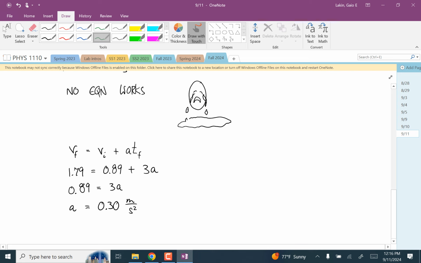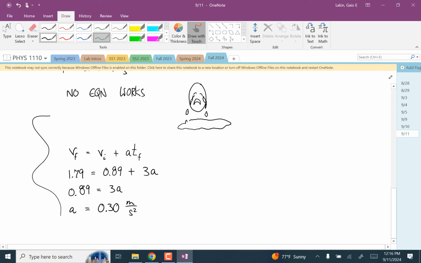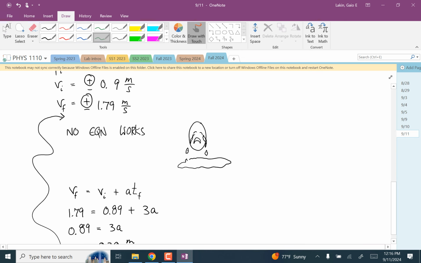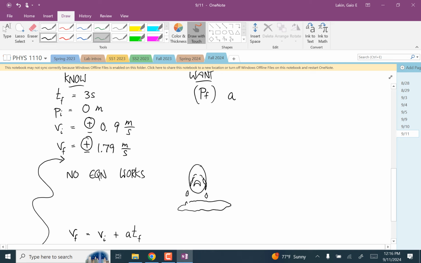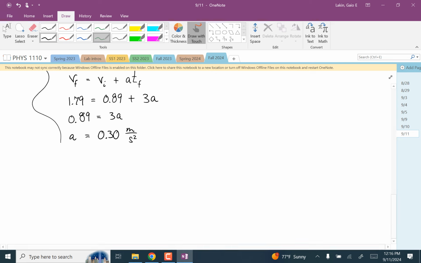Okay, so now we have the acceleration. And so what I'm going to do now is just, this acceleration is now another thing that we know. And so now we have more options for what equations we can use. So now let's think about what equation we can use to calculate PF, now that we know A. And it looks like the equation that will work is PF is equal to PI plus VI TF plus 1/2 A TF squared.